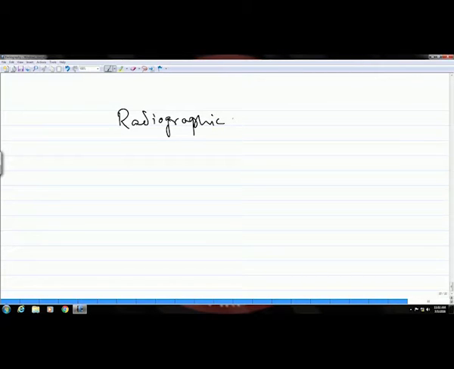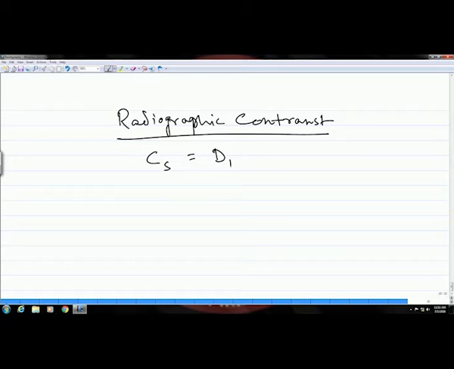So, this is the second property of the film, which is the radiographic contrast. If we call this C s, this is the density difference.